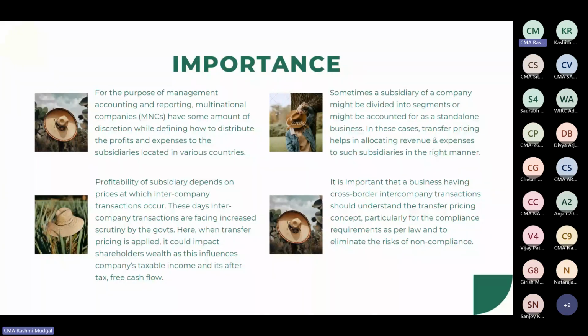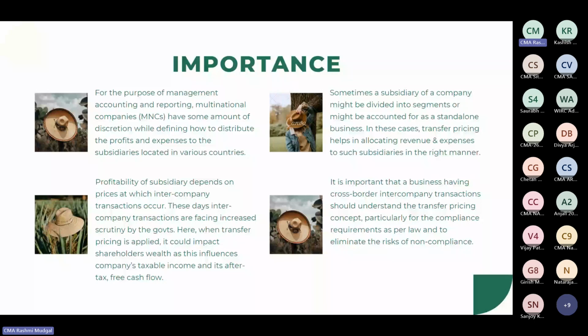Sometimes a subsidiary of a company might be divided into segments or might be accounted for as a standalone business. In these cases, transfer pricing helps in allocating revenue.